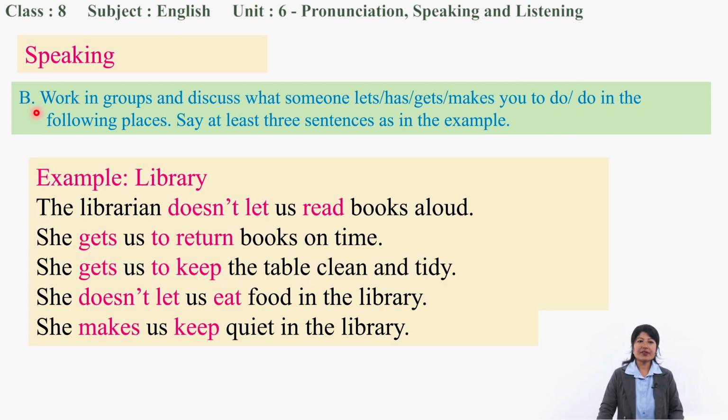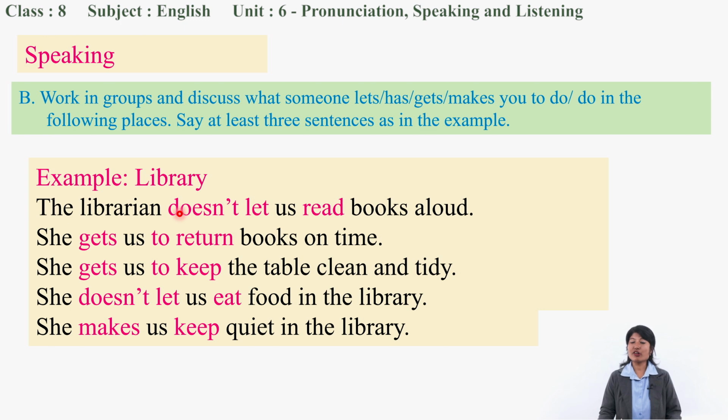Alright, let's move to our activity B of speaking session. B. Work in groups and discuss what someone lets, has, gets, makes you do in the following places. Say at least 3 sentences in the example. Okay, library. So this is about different places.